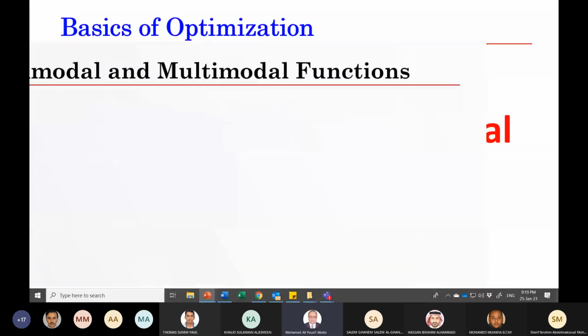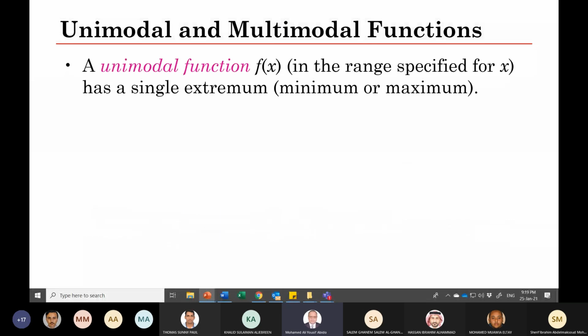Unimodal and multimodal functions. This is very important. In classical optimization, if you have a multimodal function with several local minima and local maxima, then, depending on the initial solution you start with, you can most likely be trapped in a local minimum or local maximum.